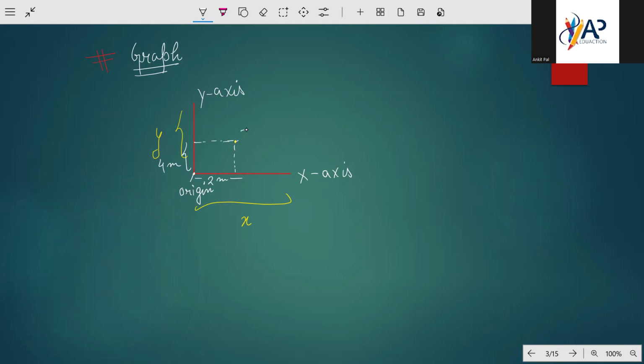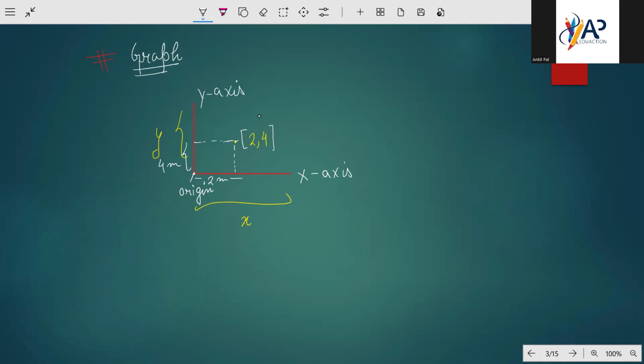If we write the coordinate of this graph, we write 2 comma 4, 2 comma 4.